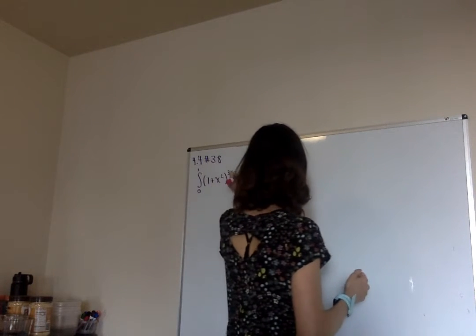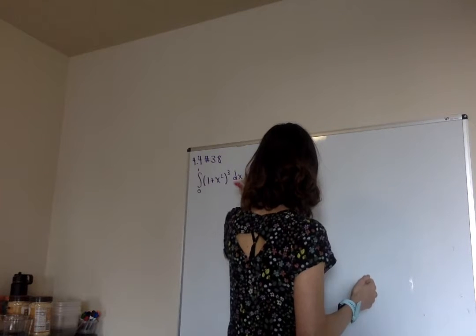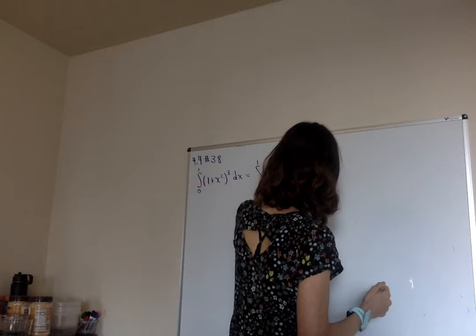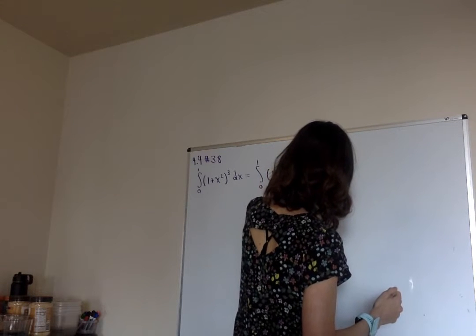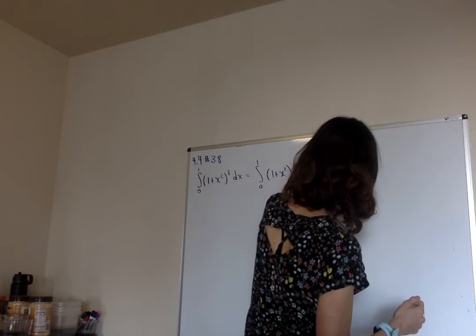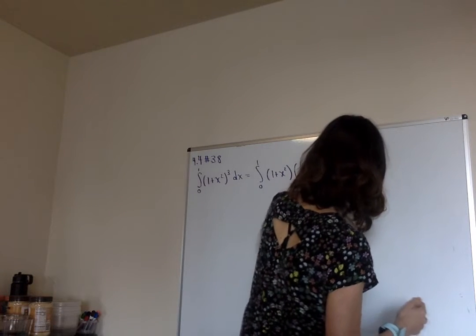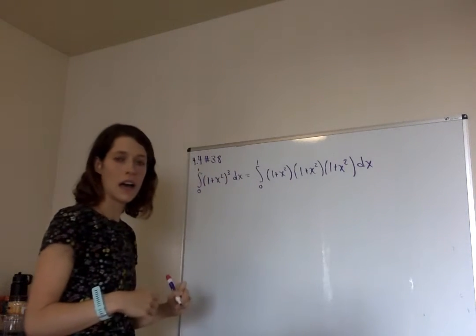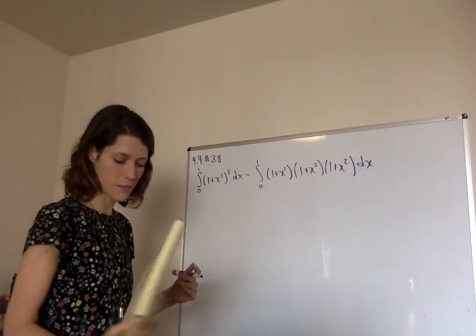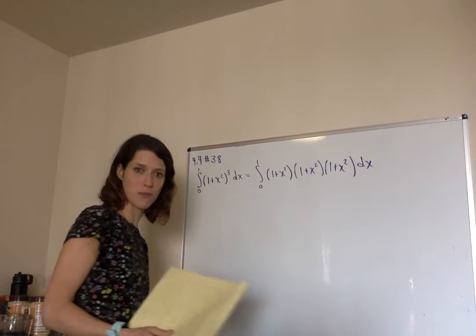When I write (1 plus x squared) cubed, what that actually means is that you're taking 1 plus x squared and multiplying it by itself 3 times. The way that we multiply is by doing some FOIL, some double distribution here.